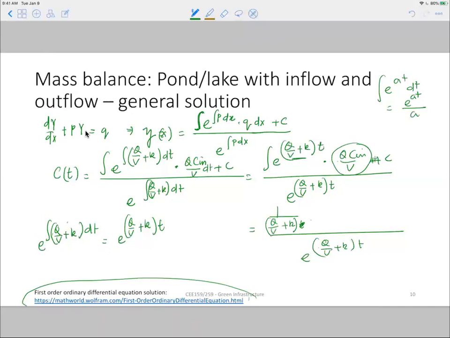Times e to the power Q over V plus K t, times Q over V C in plus C. So this is the integration constant that you can solve based on boundary conditions.